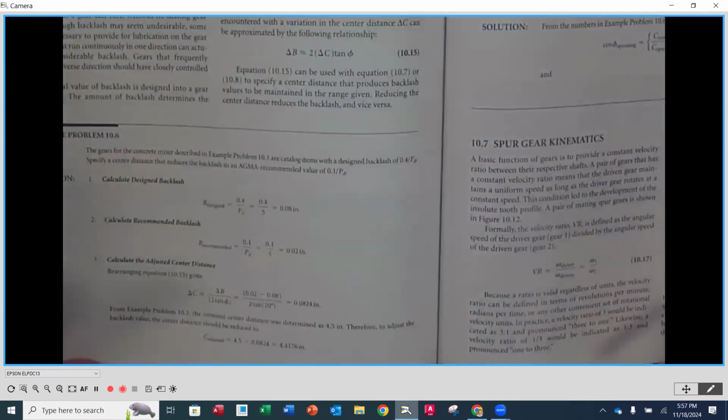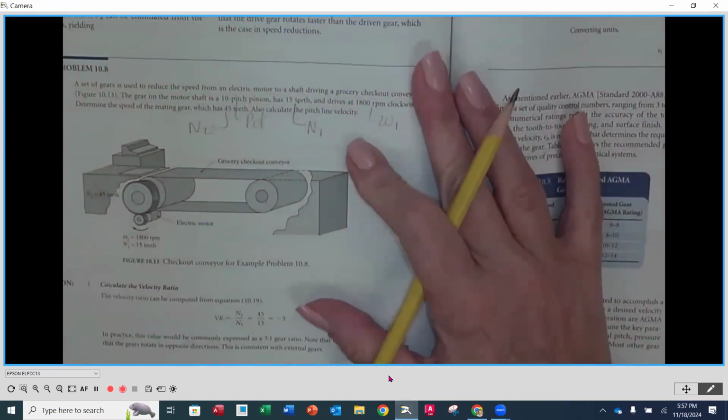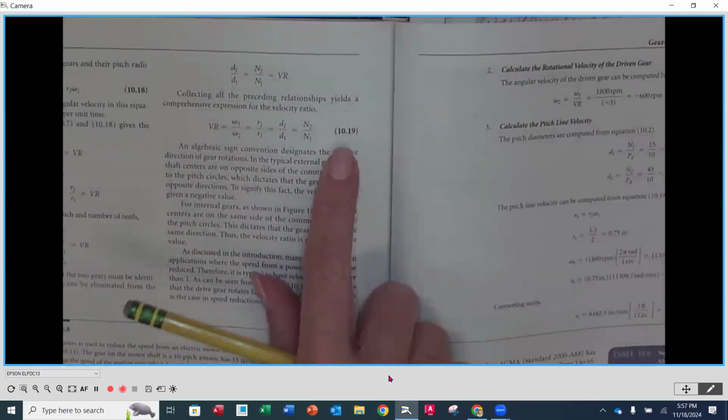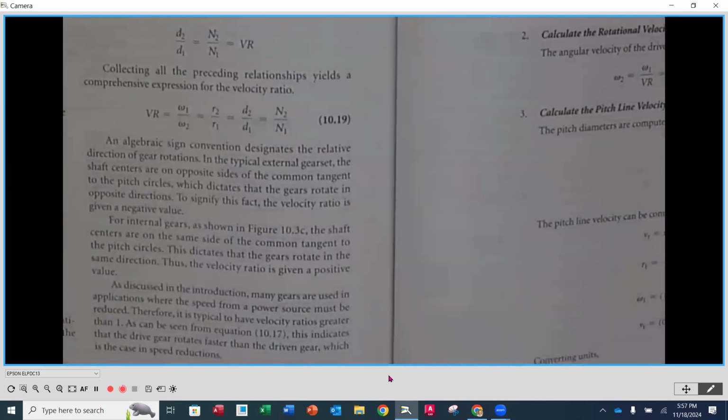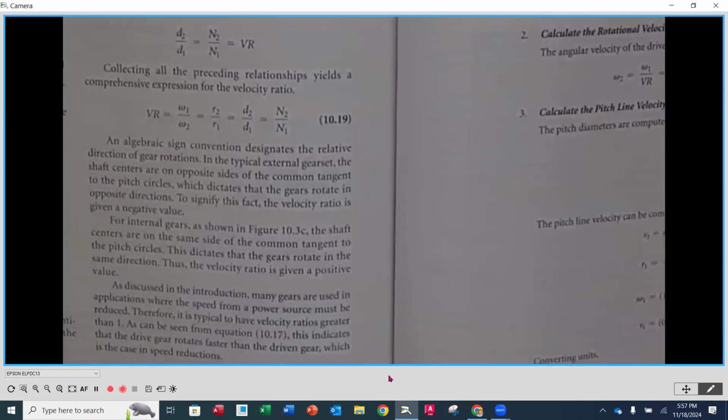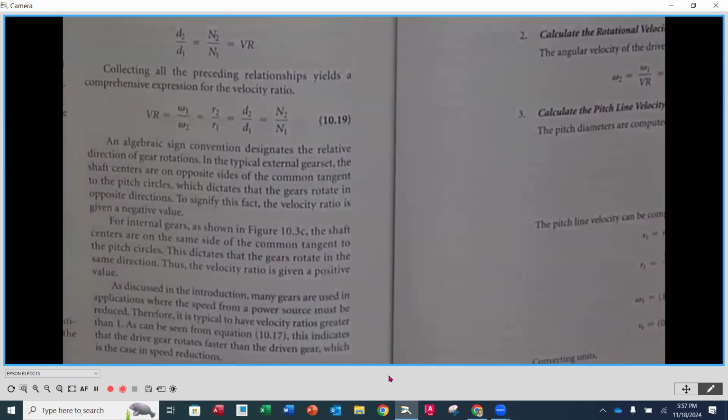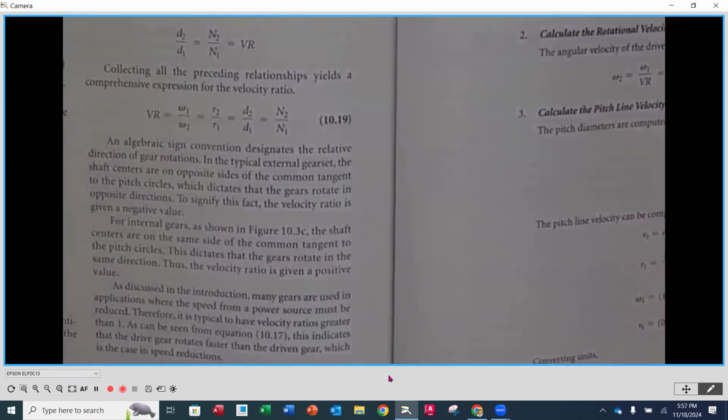We can determine that right up here at the top of page 274. Okay, it's equation 10.19. We can determine it by comparing the velocity ratios between the number 1, which is the pinion, divided by the number 2, which is the gear, which is also equal to comparing the physical radiuses of the pitch diameters of each, where we would put the gear radius on top, divided by the pinion radius on the bottom.